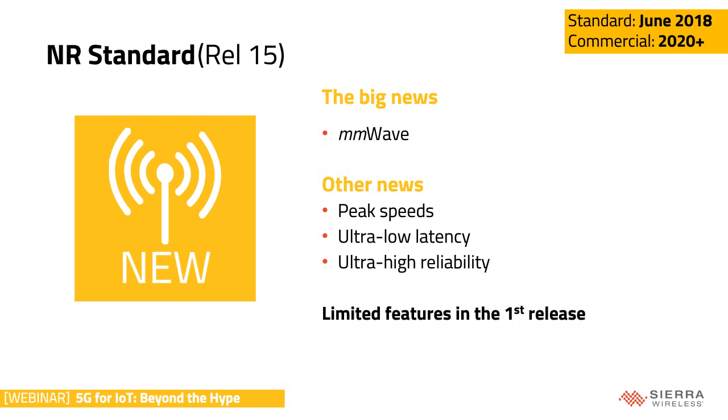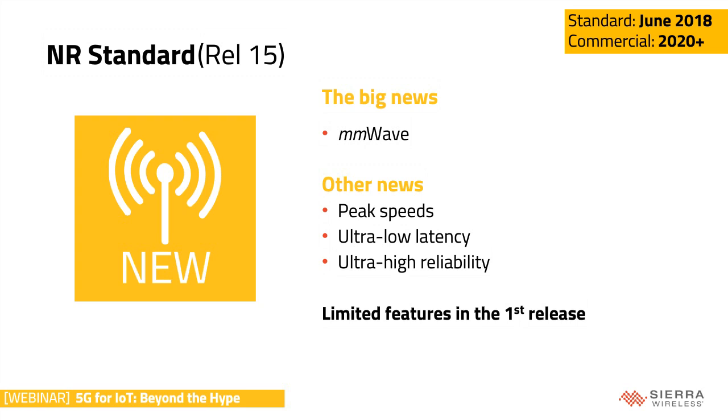However, the latency, as Jim mentioned, is going to be improved for NR. So for the eMBB use case, we will see some significant latency reductions, we figure down to between 3 and 5 milliseconds from the theoretical 15 that we see in LTE today.